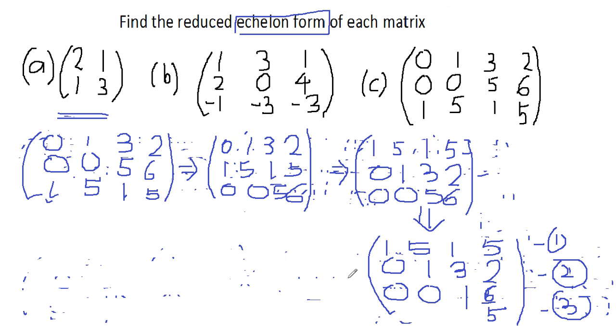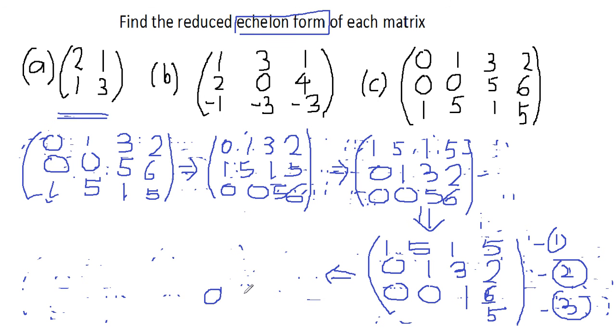So we have to make this 2, so it's minus 5 over 3 times row 3 added to row 2. Let's do this.